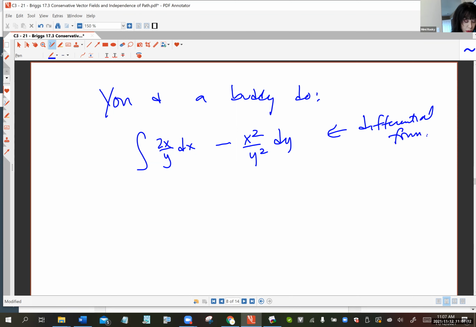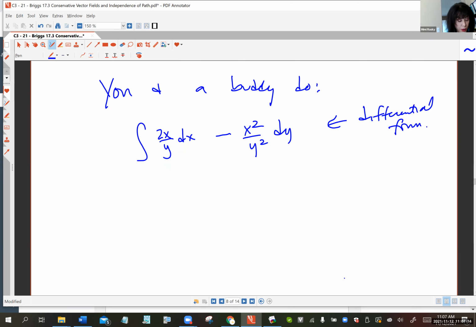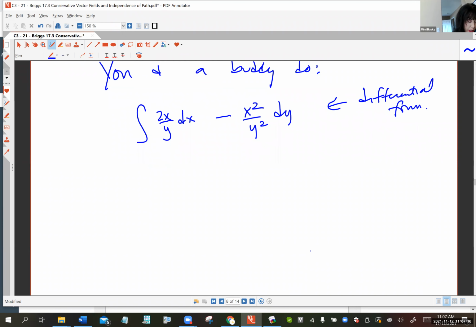And when you do this, I'm going to give you some tips for approaching this one. I'm going to put some steps here that I want you and your buddy to do. The notation is weird, and I don't even think your book has it, because it's not my favorite Calc 3 text.